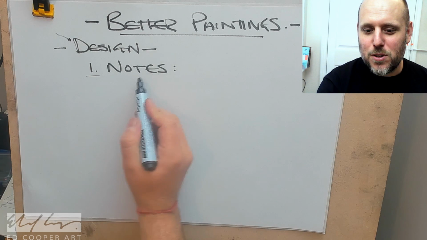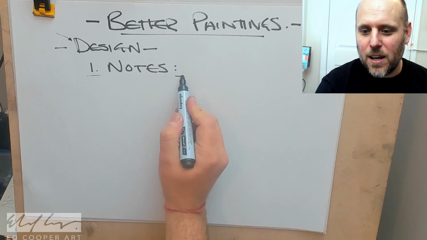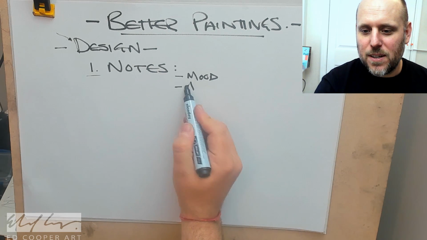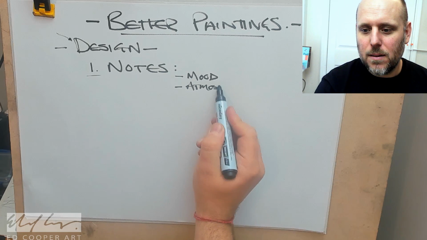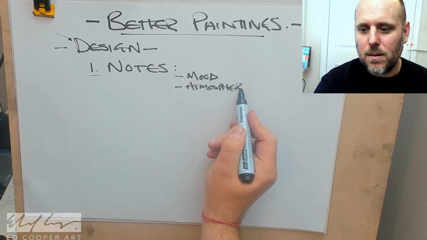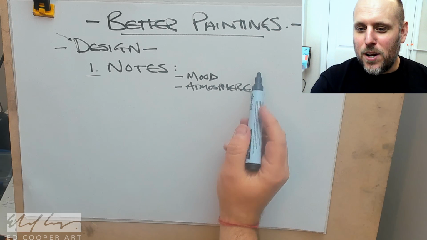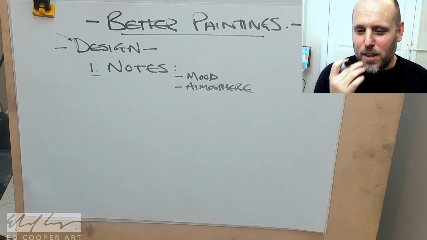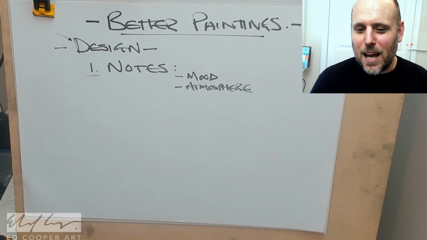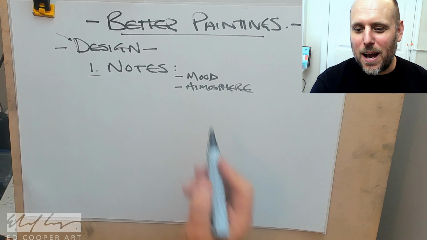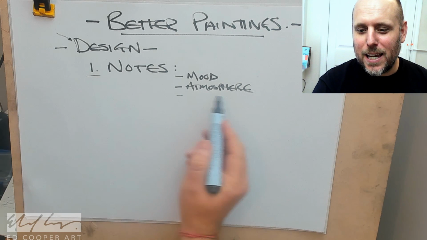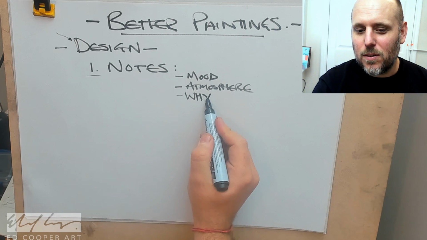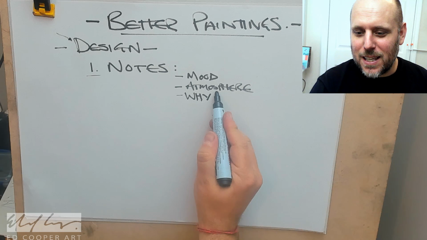So your notes are going to include things like mood, atmosphere, and you'll notice that these are about how the view makes you feel. That's particularly what you're trying to tune into, and become clear about why you are painting this scene, what interests you.